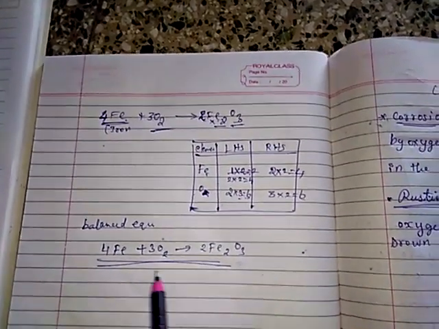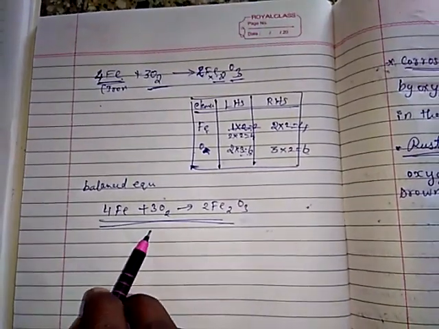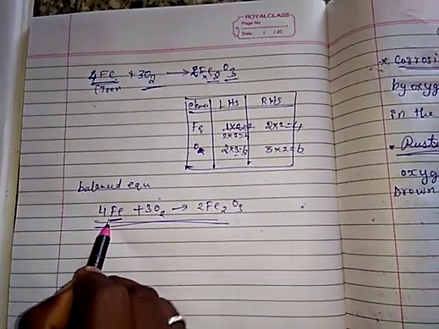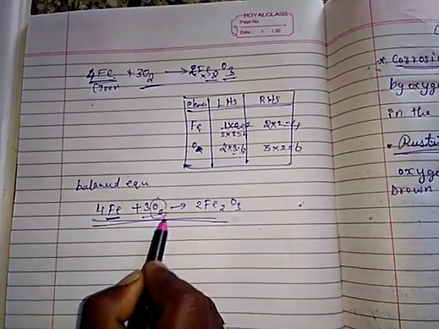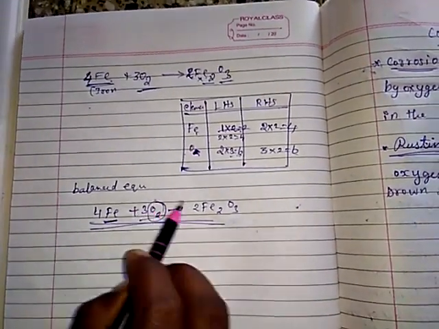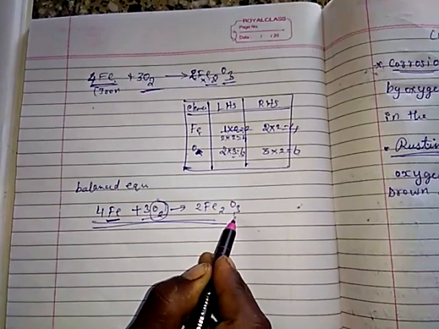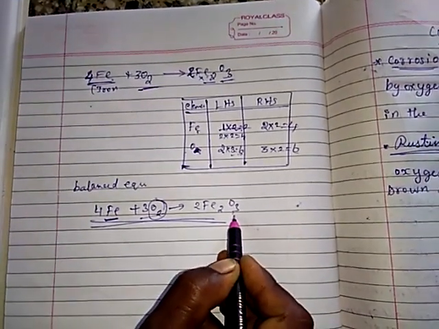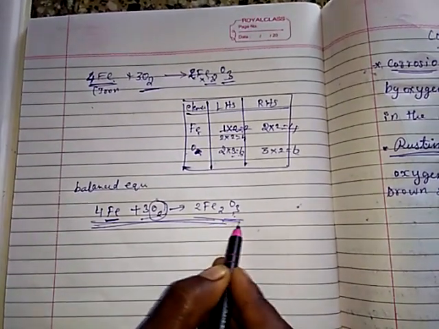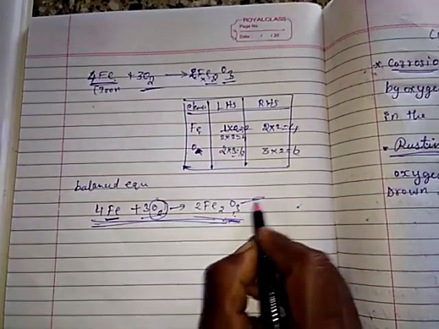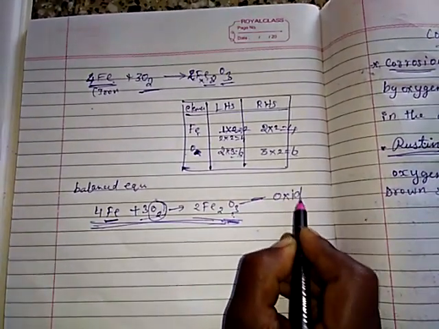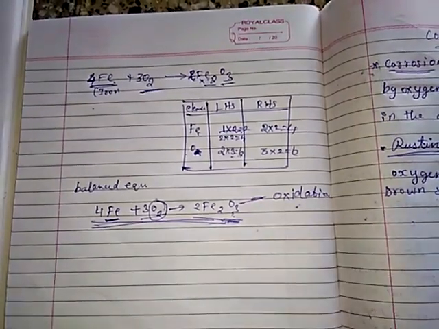Here you can easily see that iron is reacting with the oxygen. That means addition of oxygen is taking place. What type of reaction is that? It is an oxidation reaction.